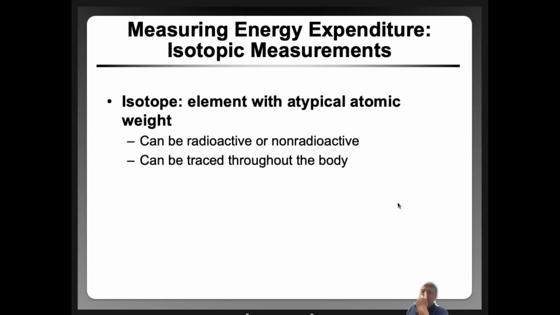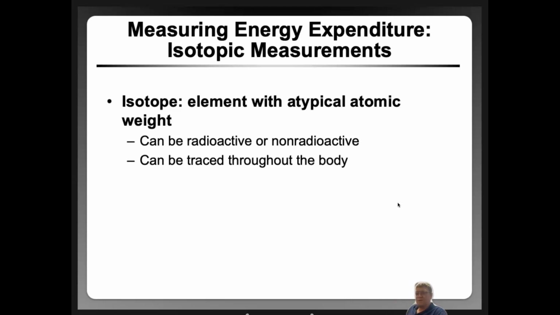All right, so there is another way to measure, and that's to use isotopic measurements. This is an element that has an atypical atomic weight. It could be radioactive or non-radioactive. Basically they would give you a shot and then pull blood samples as you were exercising to see how much of this is in your blood.